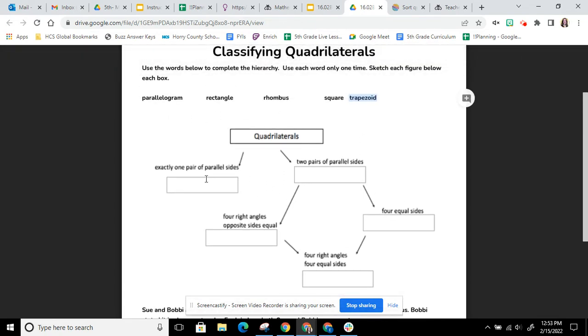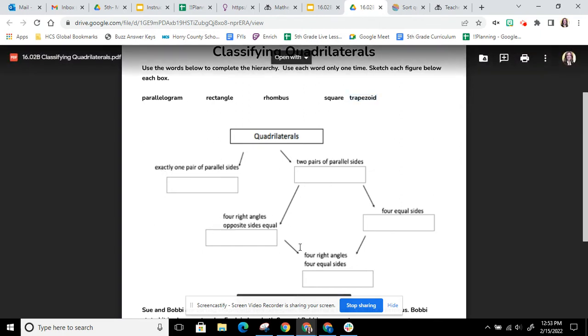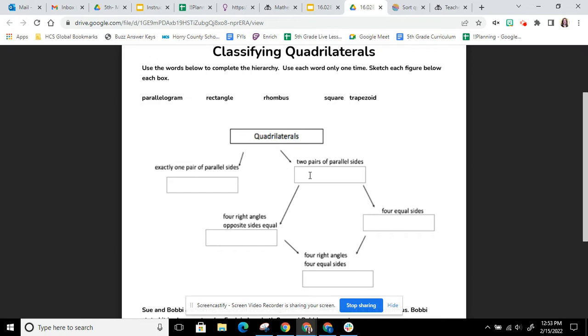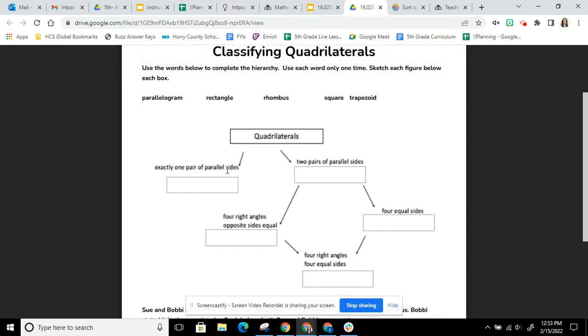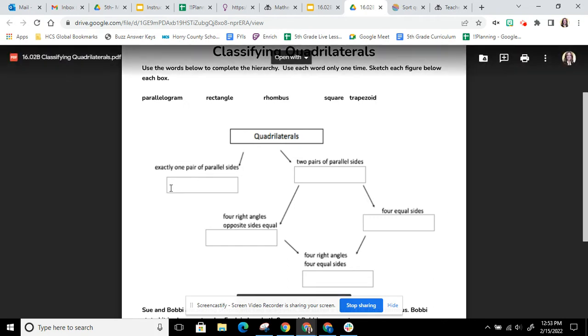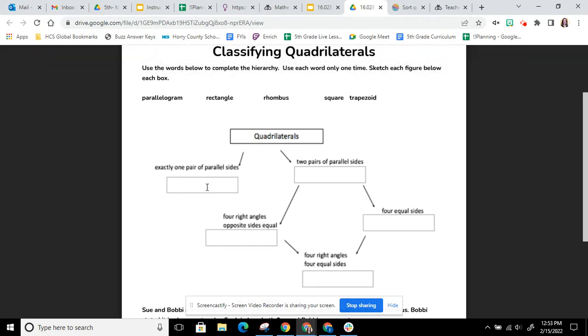You're going to want to read the descriptions above those boxes because those are what you're putting in the box. For example, exactly one pair of parallel sides. Well, what has exactly one pair of parallel sides? Is that a parallelogram? A rectangle? A rhombus? A square? A trapezoid? You'd put that answer right in that box.